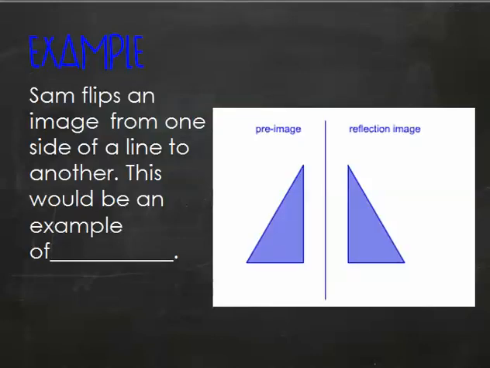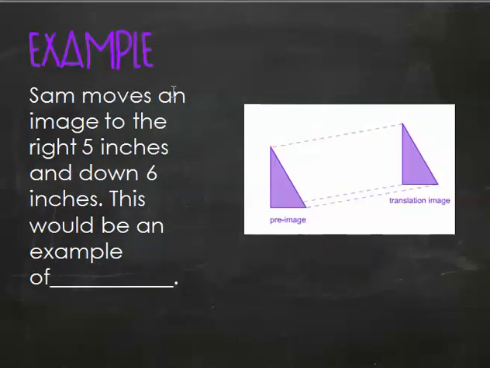Okay, so let's look at this example. We have a pre-image and then we have the reflected image. It says Sam flips an image from one side of a line to another. This would be an example of reflection. Next example, Sam moves an image to the right 5 inches and down 6 inches.